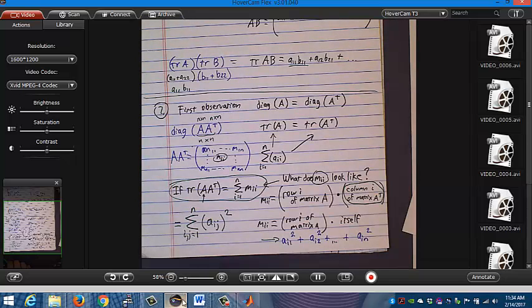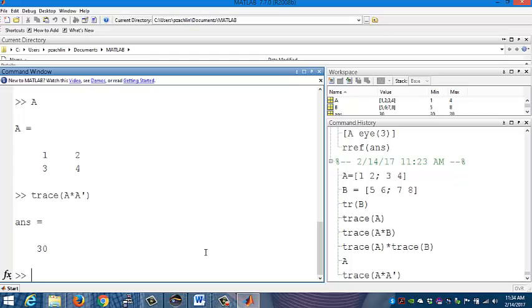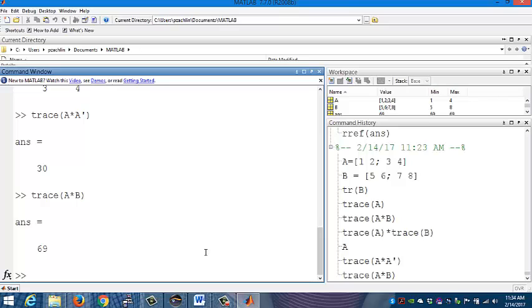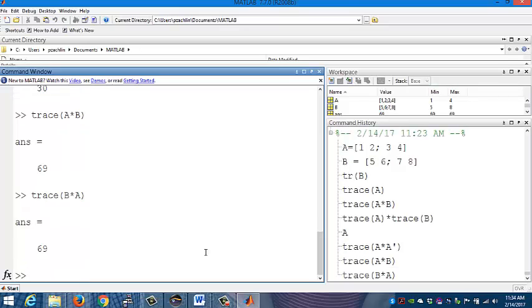All right. What do you think about the trace of AB and the trace of BA? Trace of A times B in MATLAB, oh, we did this already. This was Tyler's example, it was 69. Let me do the trace of B times A. 69.